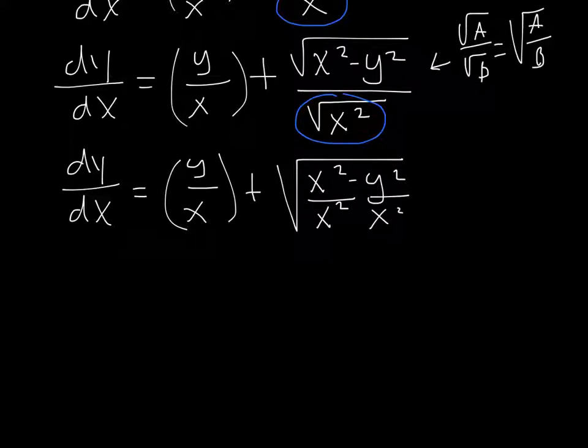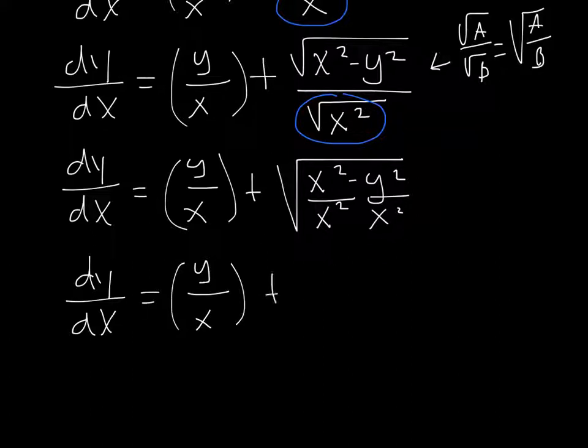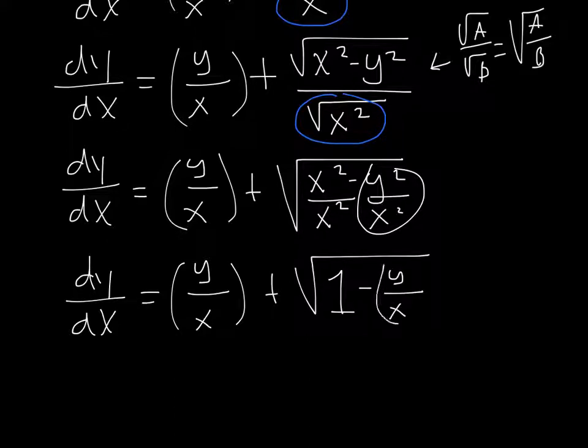So we have, again just continuing, dy/dx equals y over x plus, and then of course we have the square root of 1 minus y squared over x squared. But we know that that's just y over x squared, which is great because now we have our y over x.